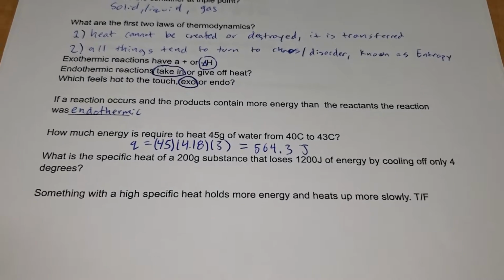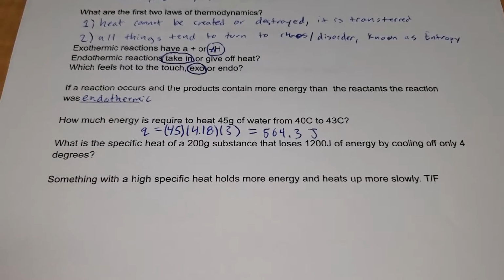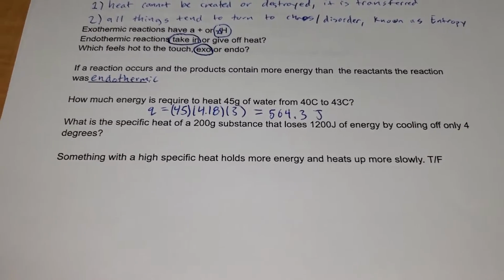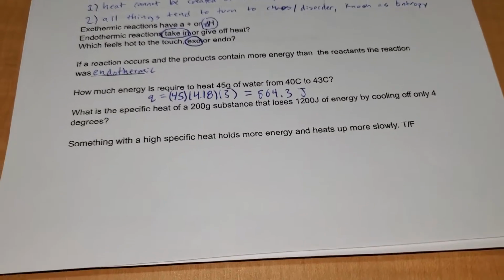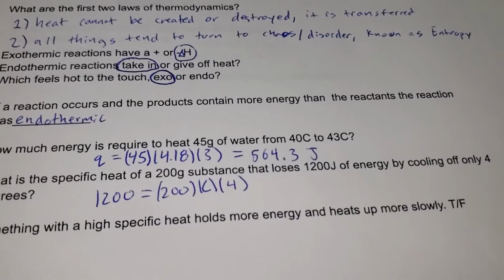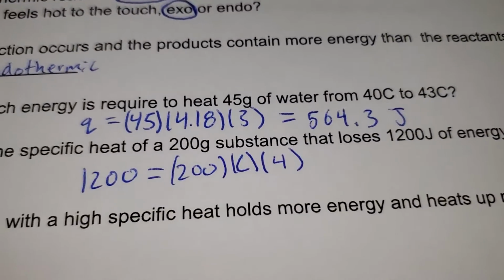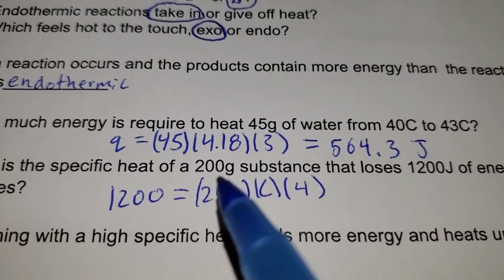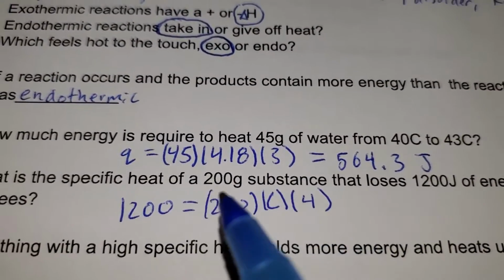All right, what is the specific heat of a 200-gram substance that loses 1,200 joules of energy by cooling off only 4 degrees? Let's find out. So, we are just going to divide 200 times 4. 200 times 4 is 800. We're going to divide this over.